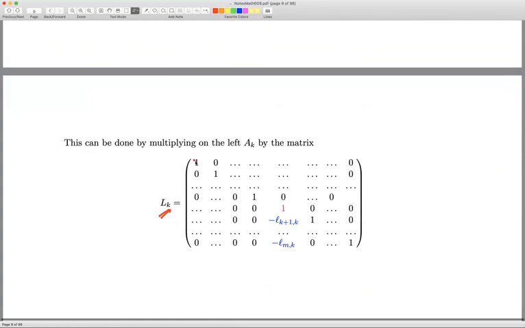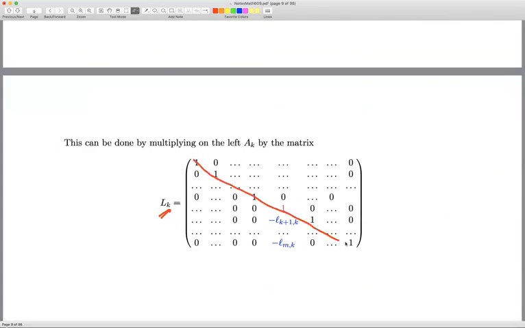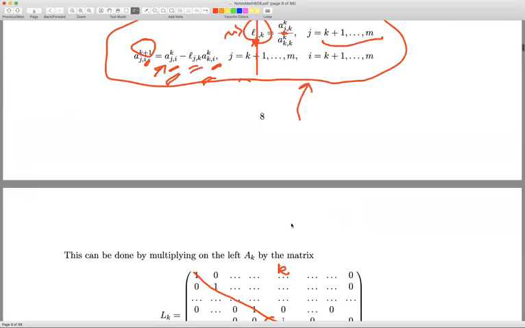So we have the identity matrix. This is the identity matrix. This is the kth column. And this is the part of the kth column that lives below the main diagonal. We populate only this kth column with the negatives of the numbers L, which are what numbers?